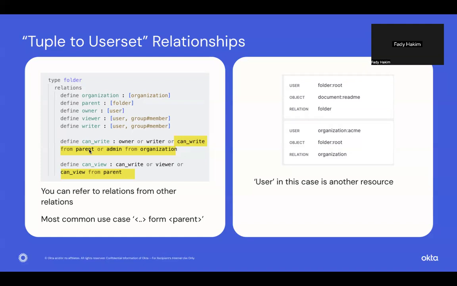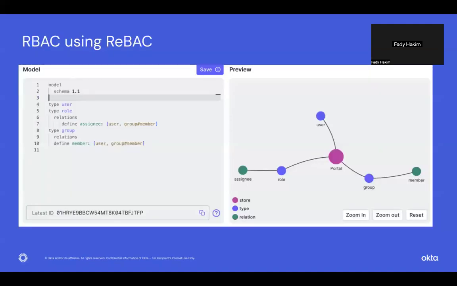If I have two folders, one folder is a parent to another one, and I have write permission on the parent folder. So with this line of code, I'm saying here, if I have a write permission on the parent, I'll have write permission in every child folder here. All right, so those are the tools you use to create your authorization model.